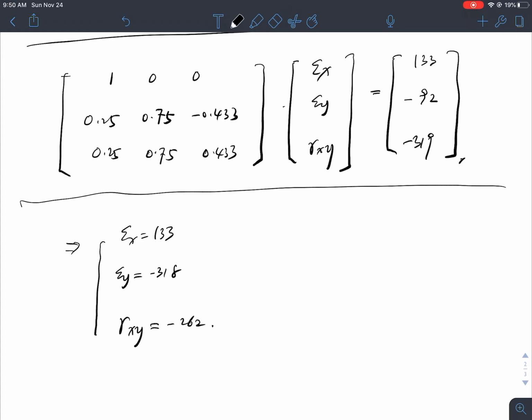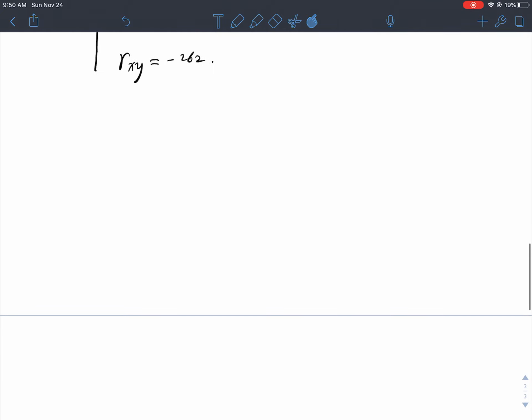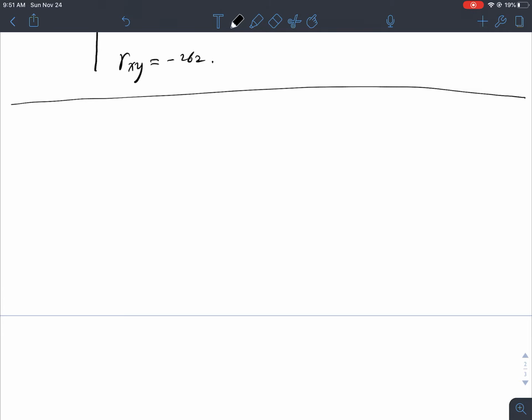Okay, so now we have all the strain gauge readings. And we convert all the strain gauge readings to the strains in terms of x and y, okay? But the question is to ask, what is the stress? What is the stress generated from this strain?